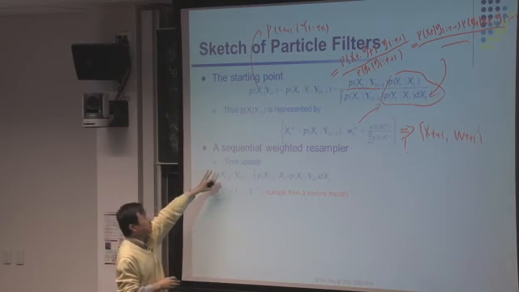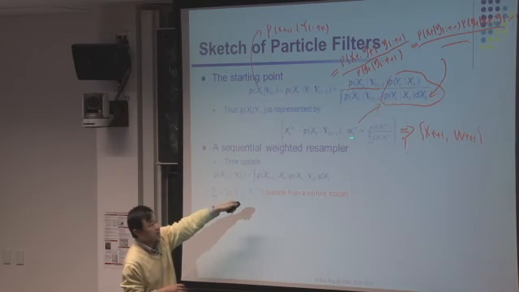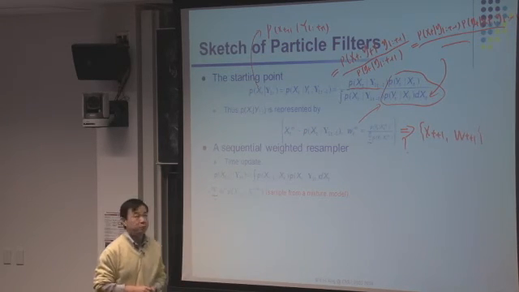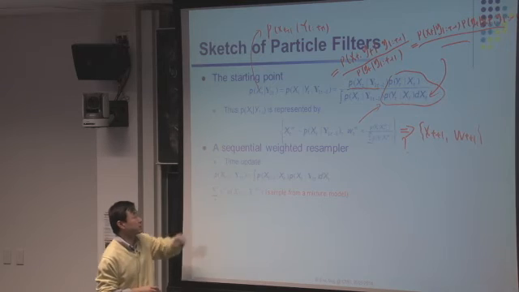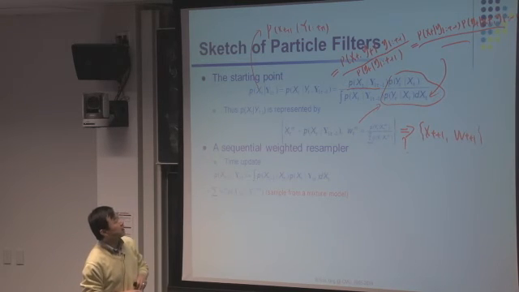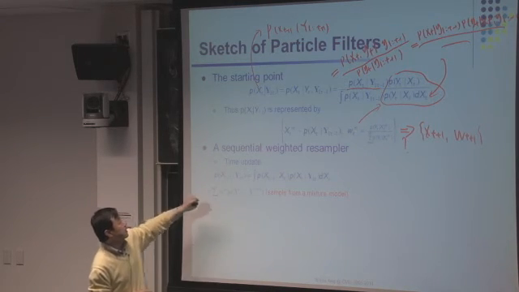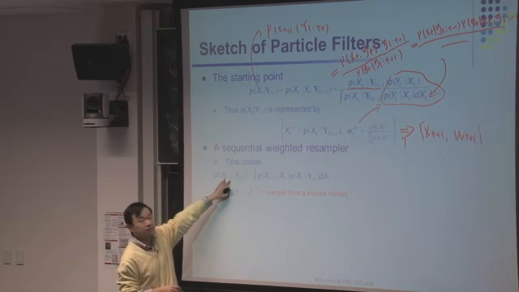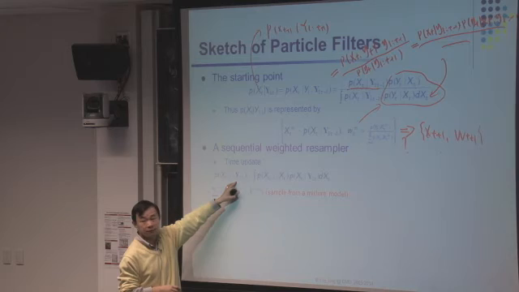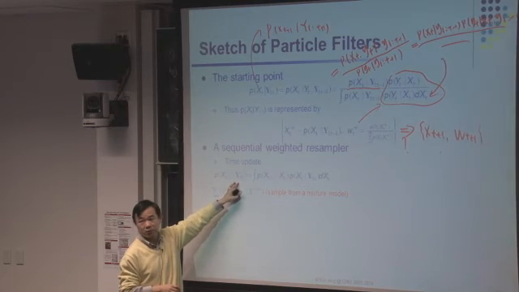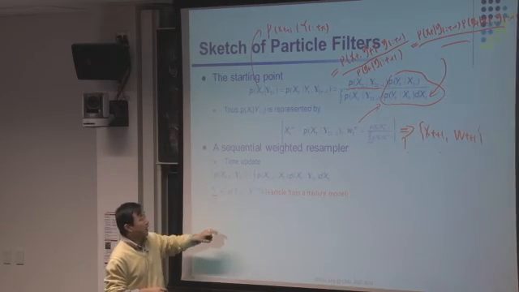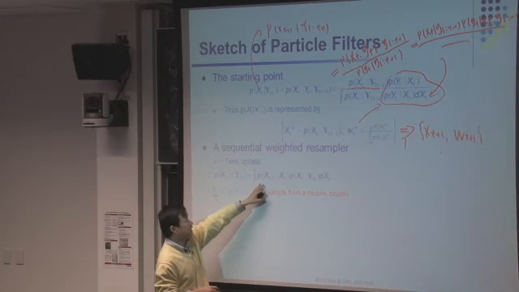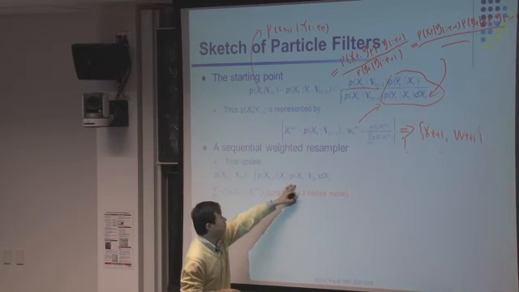To move from this set of samples to the new set of samples, you need 2 steps. The first step is called the time update, which basically amounts to figuring out x t plus 1 given the sequence up to the last time point. By definition, you can expand it into this form.